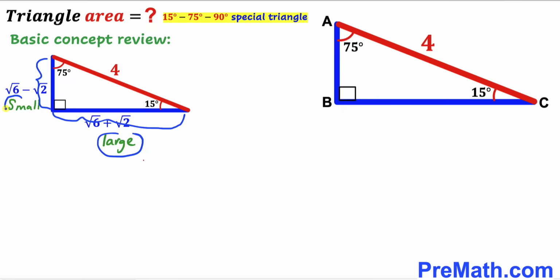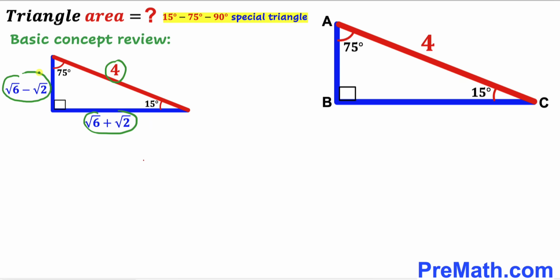In other words, this is the smaller leg and this is the larger leg, since the opposite angle is larger than this smaller angle. So in such a special 15, 75, 90 degrees triangle, our combination will always be 4, square root of 6 plus square root of 2, and square root of 6 minus square root of 2. Now you might be wondering how this combination is possible.